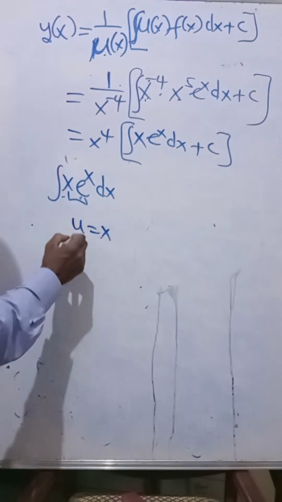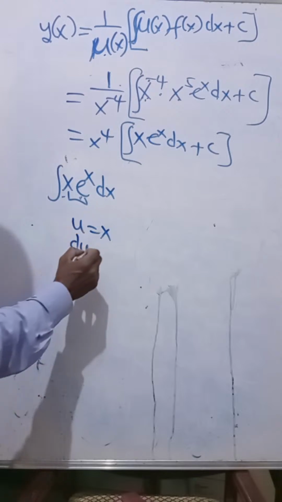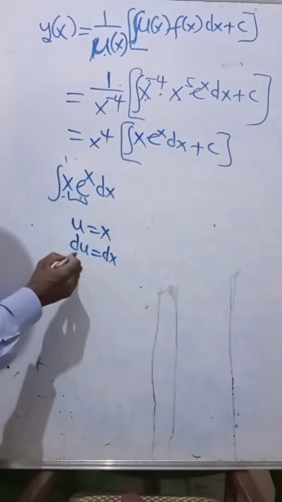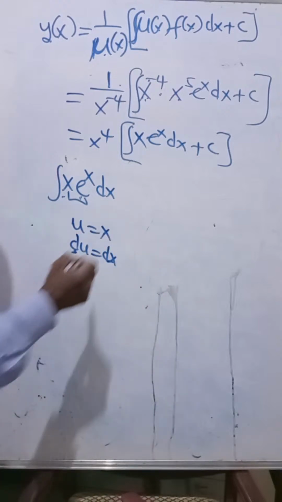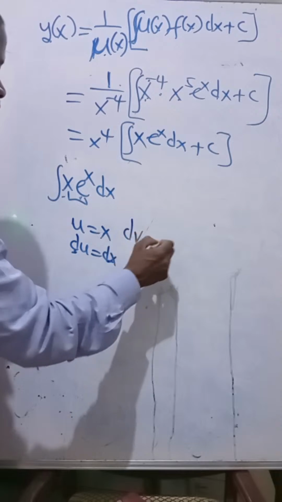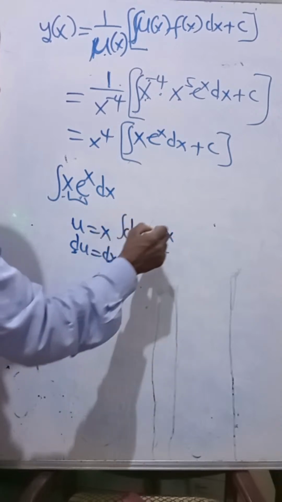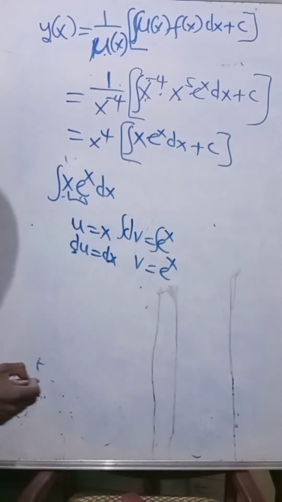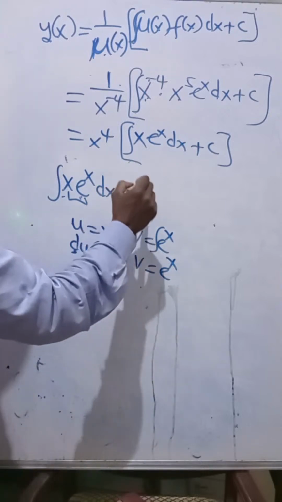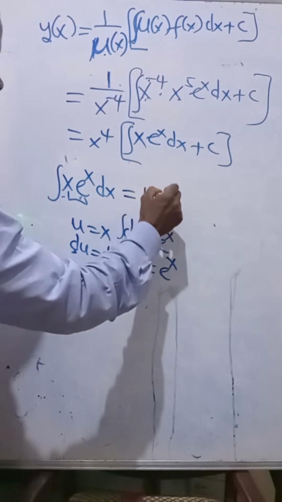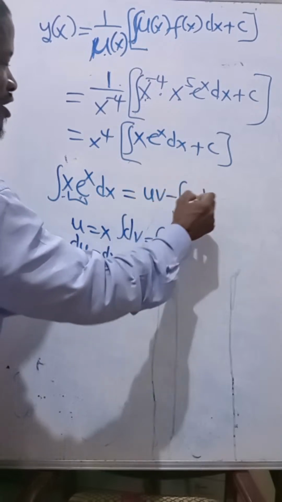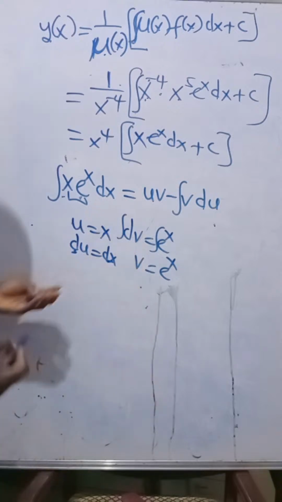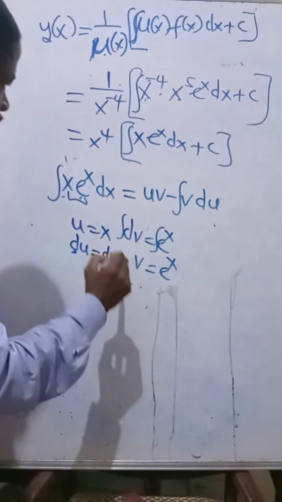And then v is equal to e^x, so we integrate this to get v. The formula I'm going to use is uv minus the integral of v du. That's the formula for integration by parts.